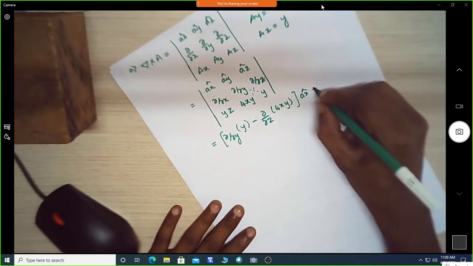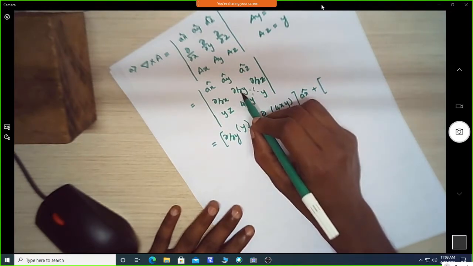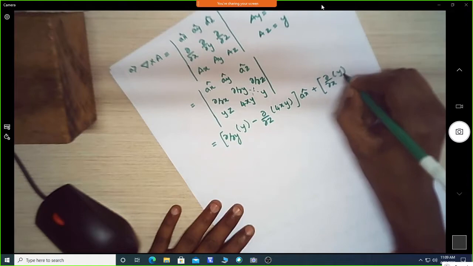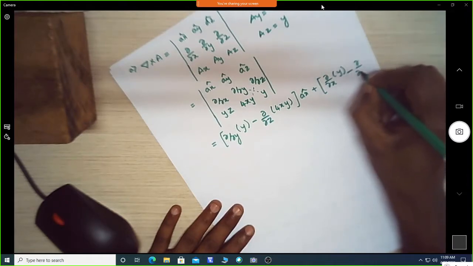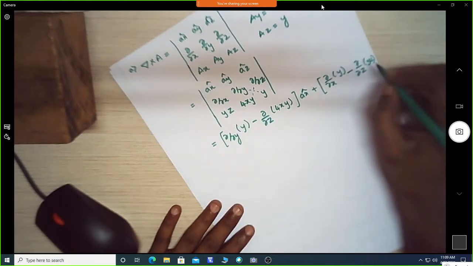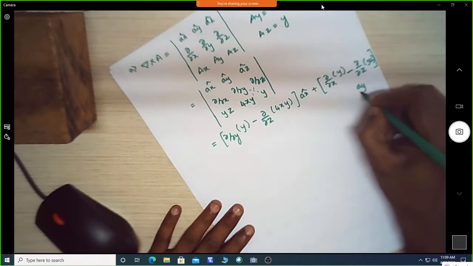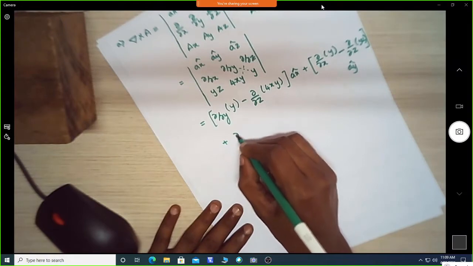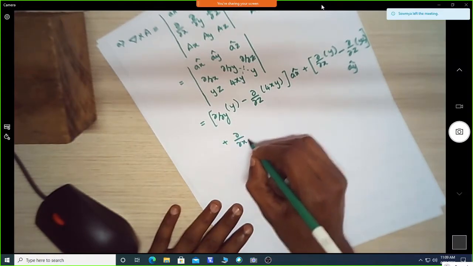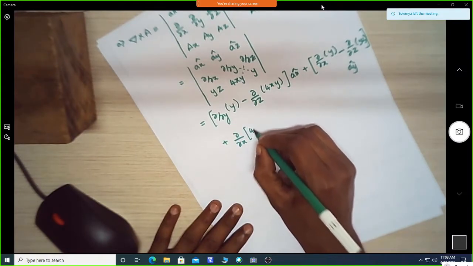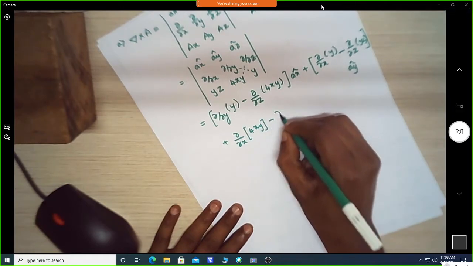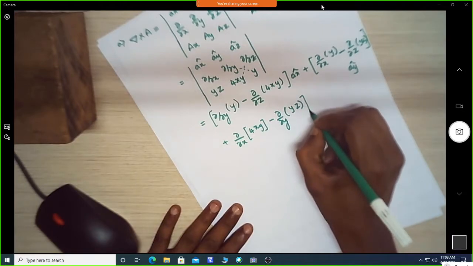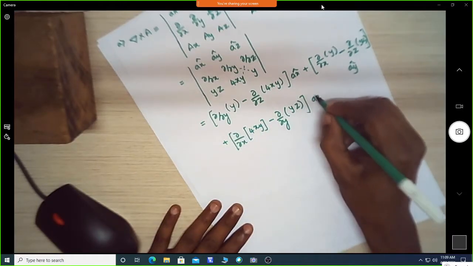Okay, so plus, this one is in the ay direction, del by del x of y minus del by del z of yz, so this is in the direction of ay. Okay, plus del by del x of 4xy minus del by del y of yz.